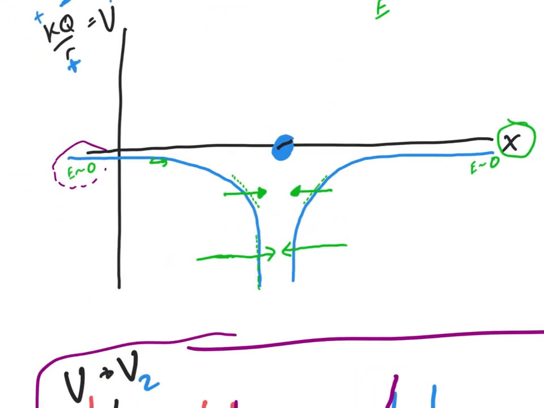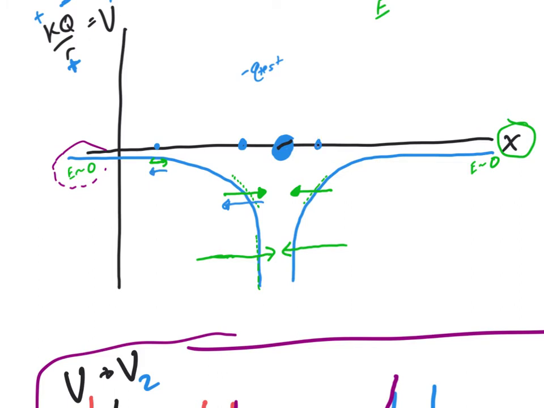In this situation, we can do the same idea, but I'm just going to do it for a negative test charge. If I put a negative test charge here, it's going to be pushed away. If I put it here, it's still going to be pushed away, but weaker.